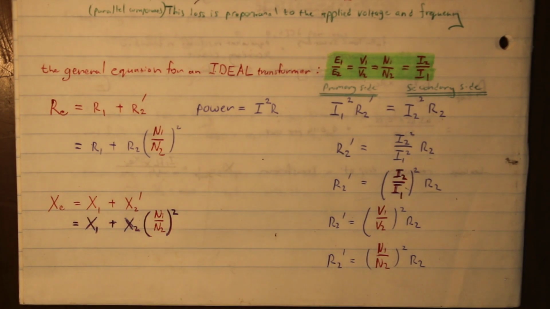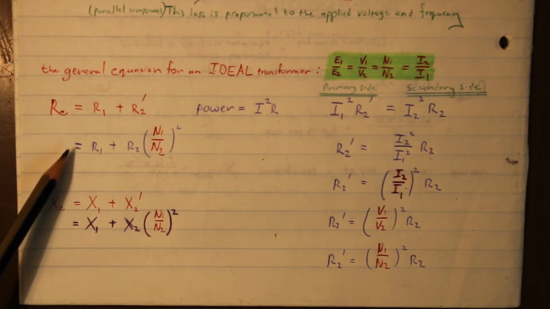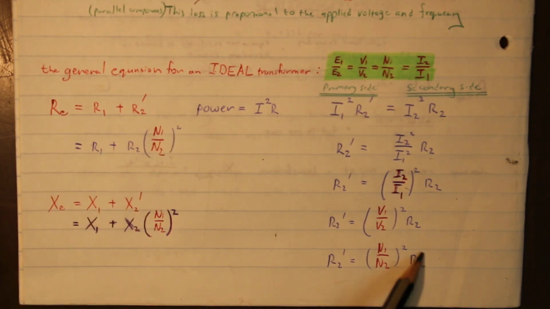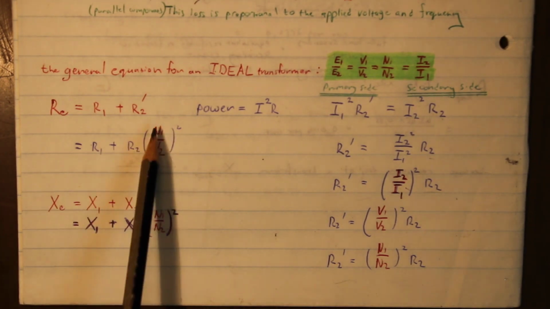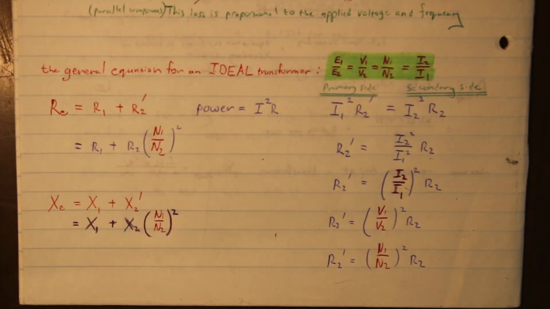Here I just wrote on this side the equation again so you can see. R equivalent equals R1 plus R2 prime, and that equals R1 plus R2 times N1 over N2 squared. So that's that one there. Also just remember that the turns ratio you can replace with V1 over V2, or you can replace it with I2 over I1. And then lastly, the leakage reactance, XE equivalent equals X1 plus X2 prime.